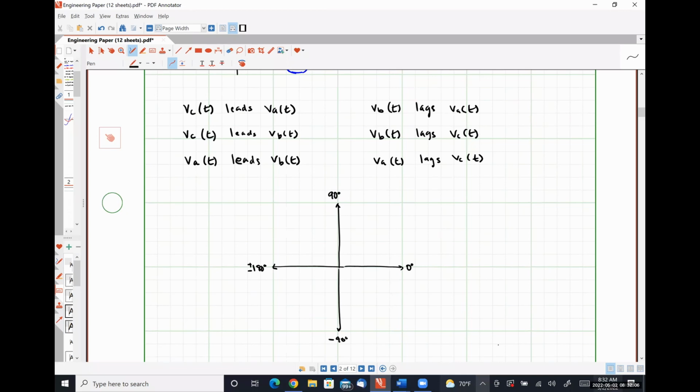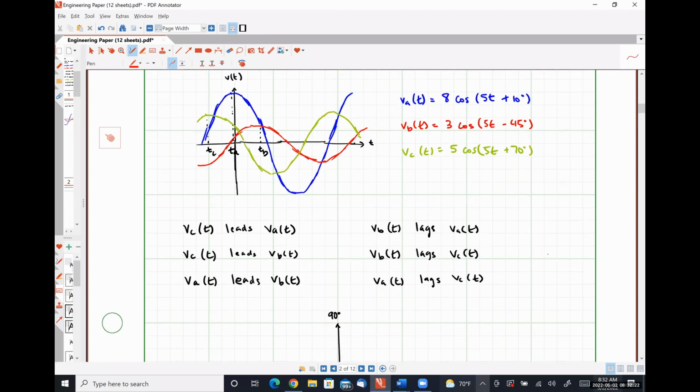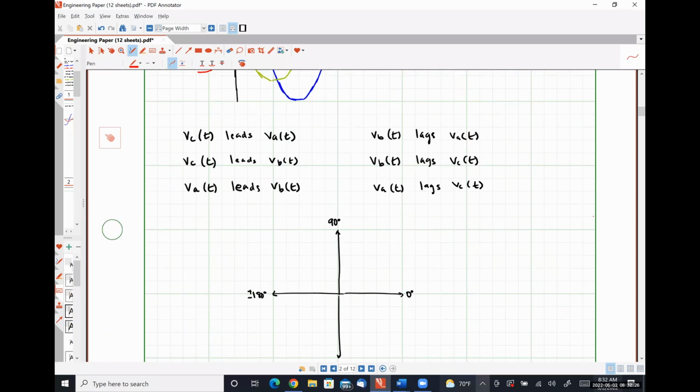So instead of looking at them as a function of time, we evaluate them at one very specific point in time. And I'm going to use t is equal to 0 as our specific point in time. So at t is equal to 0, we have an amplitude of 8 and an angle of 10 degrees.